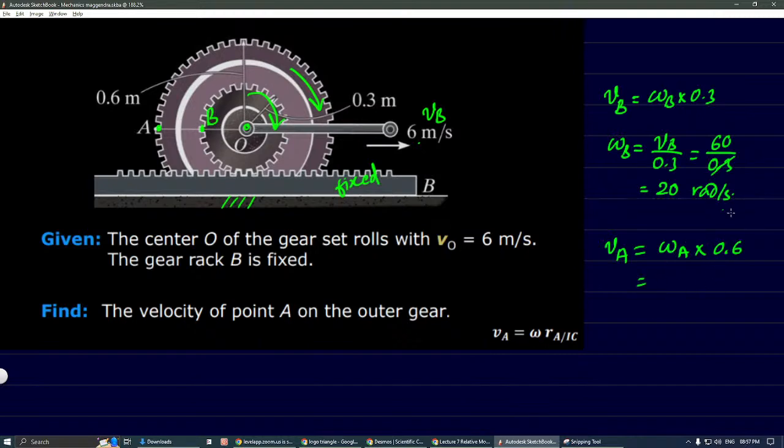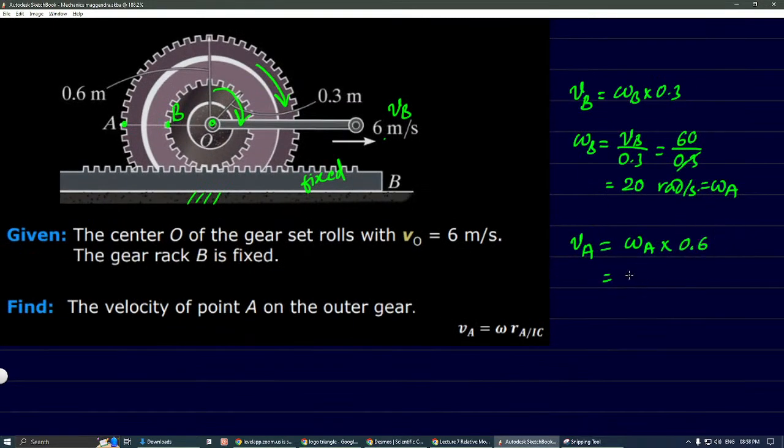But omega A and omega B will be same, no? 20 into 0.6, 12 meter per second. Because the point A is this side, horizontal, it will move upwards. It will move upwards with 12 meter per second.